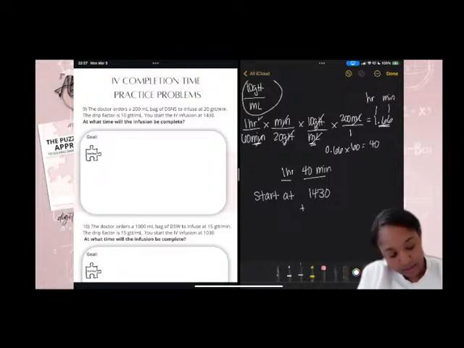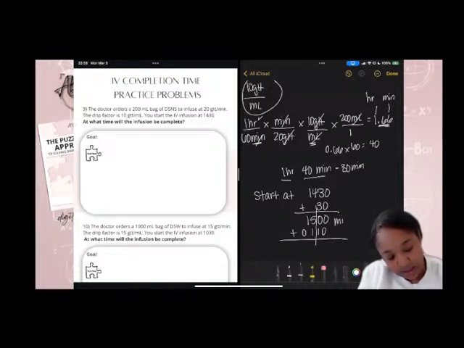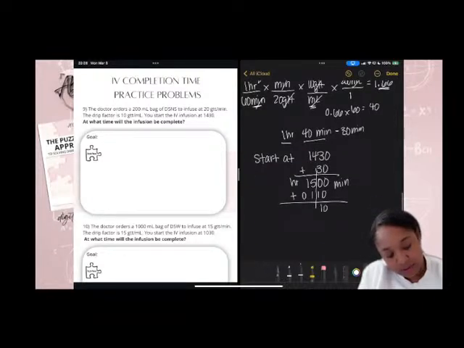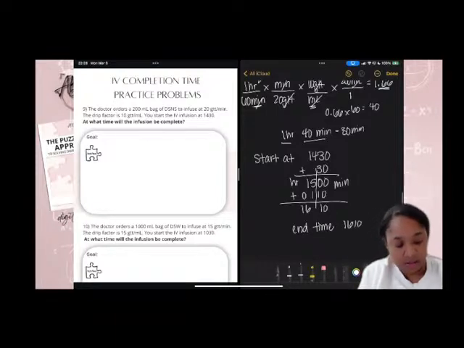So I'll add 30 minutes right here, so that'll be 1500, and I'm just going to take it from right here. That means I have an hour and 10 minutes left. So then when I go to add my time, because this side is the minutes and this side is the hours, I'll do 10 over here, 16 over here. So my end time is 16:10.